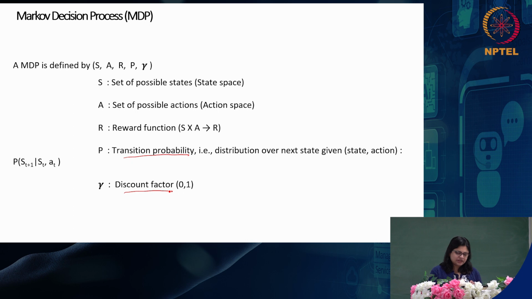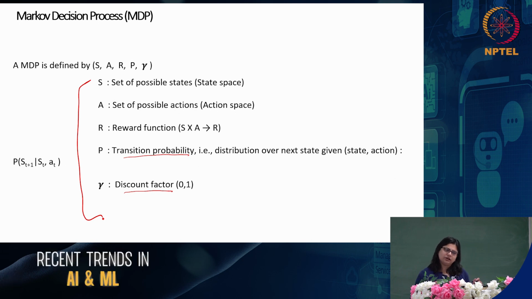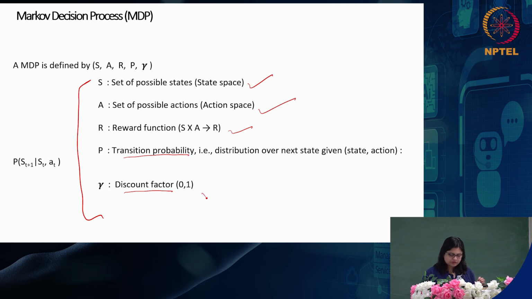So these are the different components of the MDP. We will need these in order to define an RL problem also. We need a set of states, a set of actions, a reward function, transition probability, and also a discount factor.